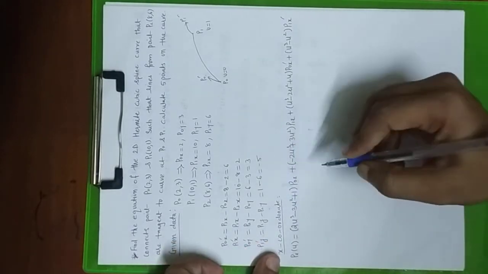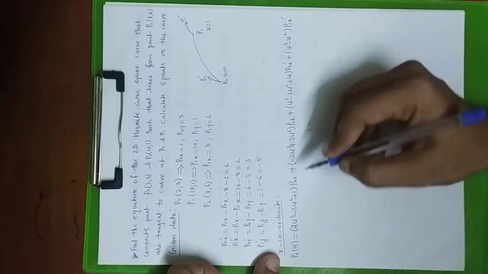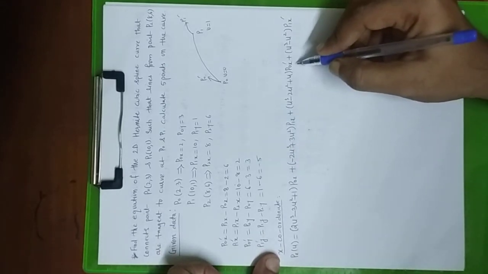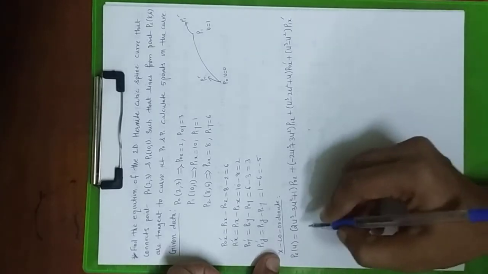Okay, here I am going to put in all the values of P0x, P1x, P0x dash, P1x dash.